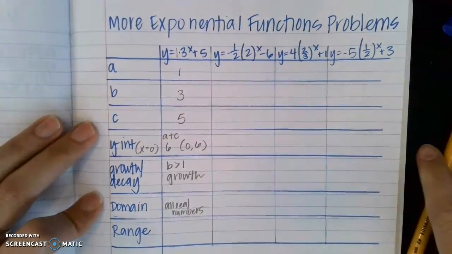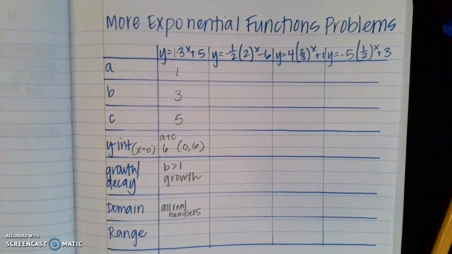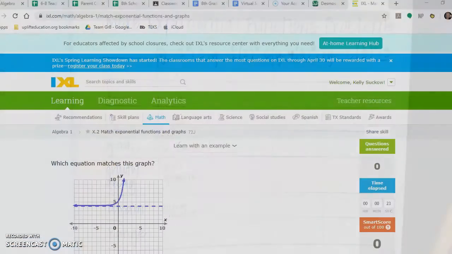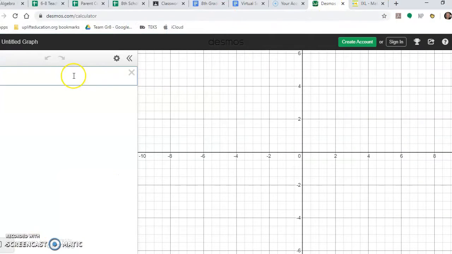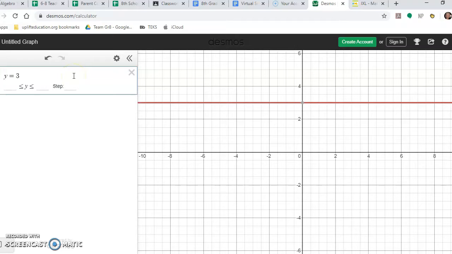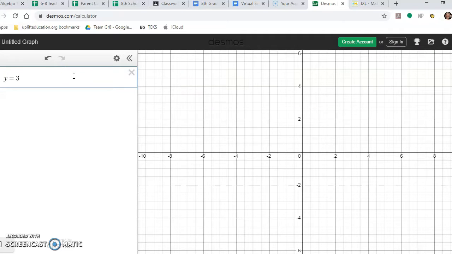My domain is going to be all real numbers for all of our mathematical, or our non-real world examples. And our range, let's go ahead and take a look at our Desmos to determine what our range is. And so I've included this Desmos calculator for you guys. We've got y equals 3. To get the exponent, you have to push shift and 6, and that gives us our x. Tab over to normal typing using the right arrow, and then plus 5.